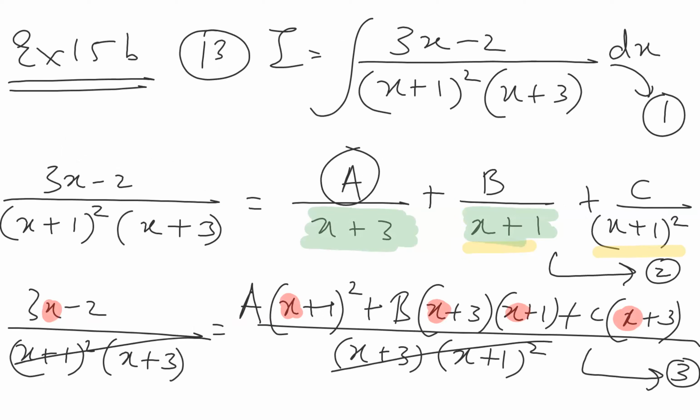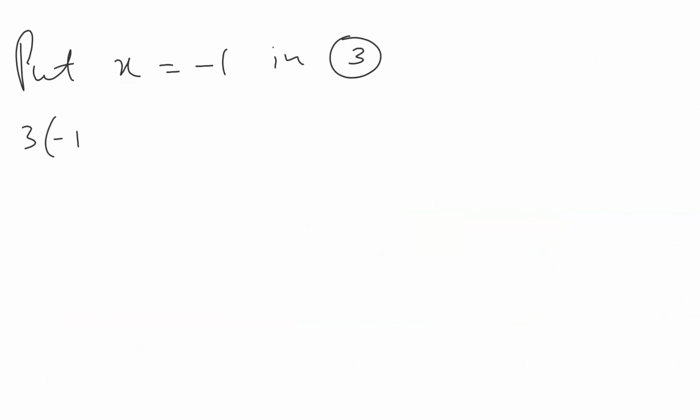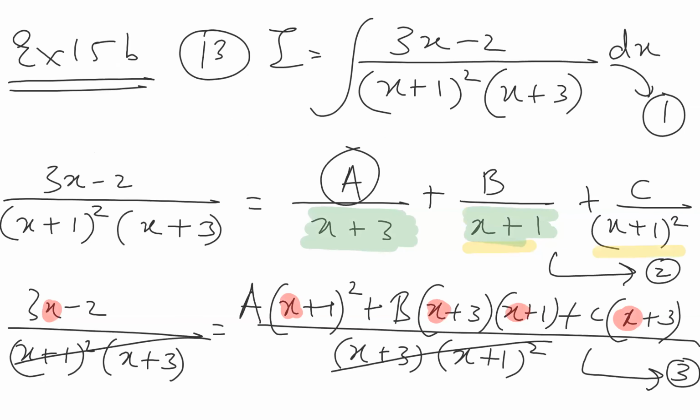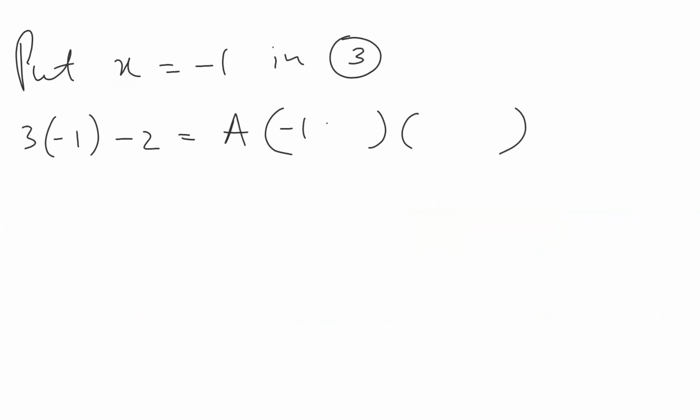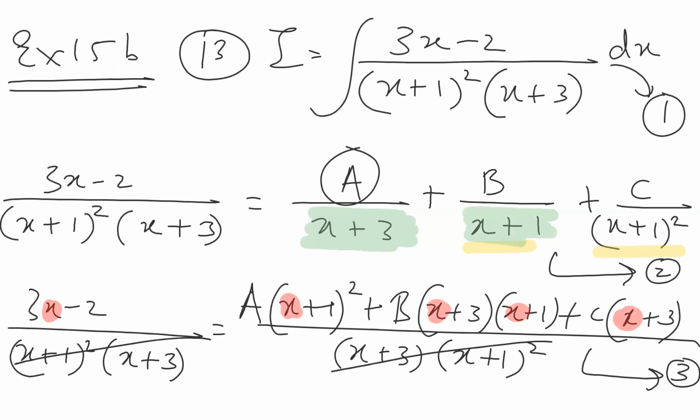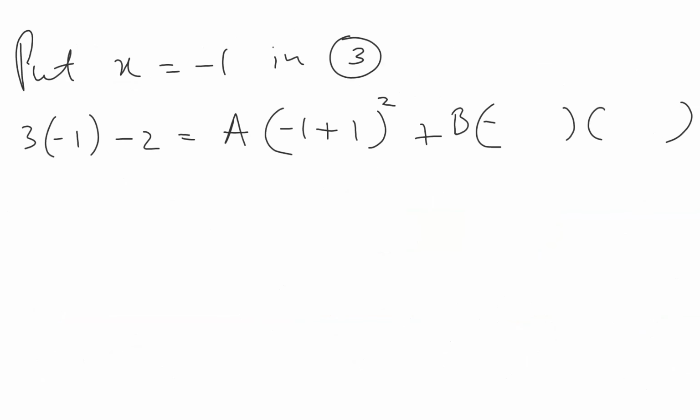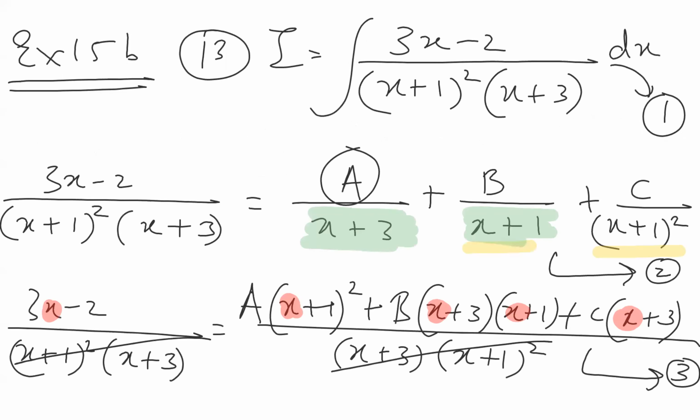So 3 into minus 1 minus 2, a into (minus 1 plus 1) the whole square, plus b into (minus 1 plus 3)(minus 1 plus 1), plus c into (minus 1 plus 3).